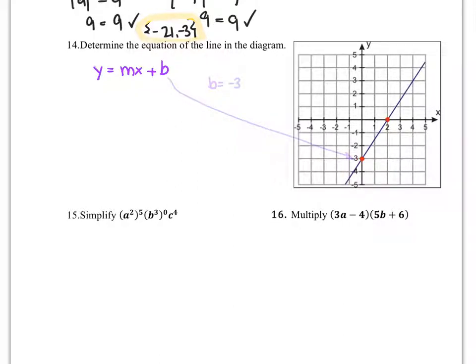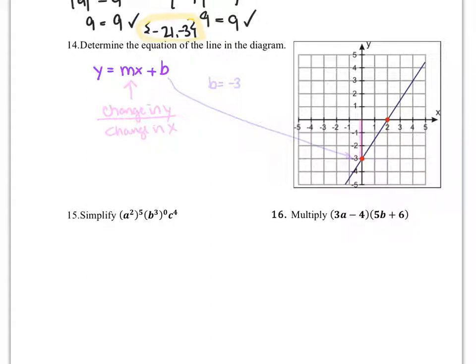Now when it comes to our slope, that is going to be change in y over change in x. So we're going to look for how much we go up and to the right as we read the graph from left to right. So here's 1, 2, 3.